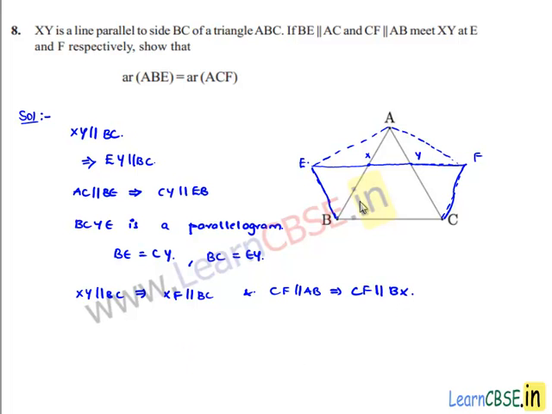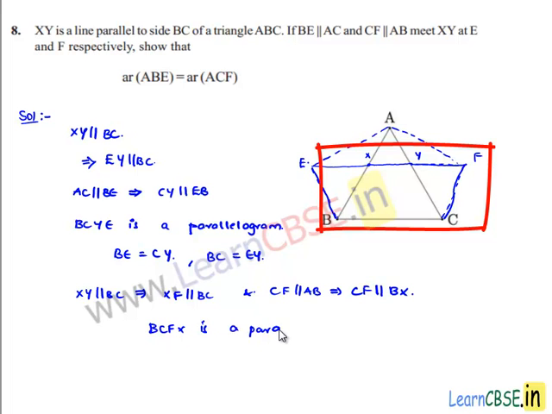Therefore, BCFX is a parallelogram. In a parallelogram, opposite sides are parallel and equal. Therefore, BX is equal to CF and BC is equal to XF.